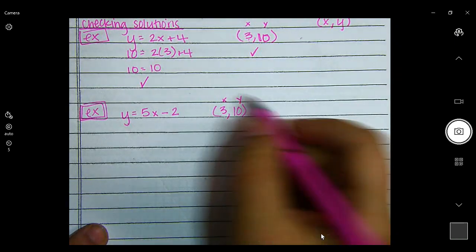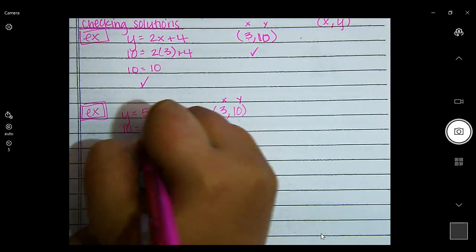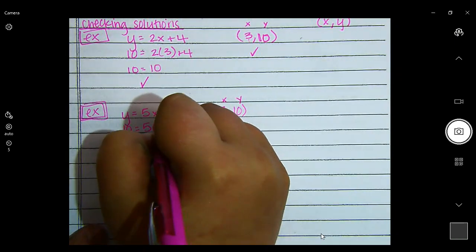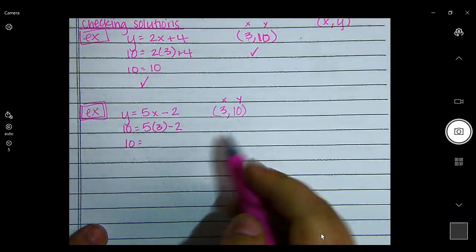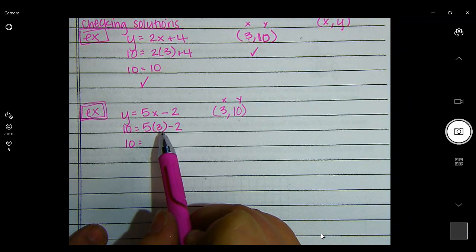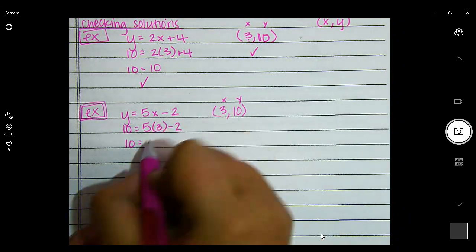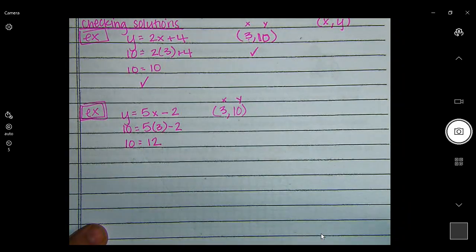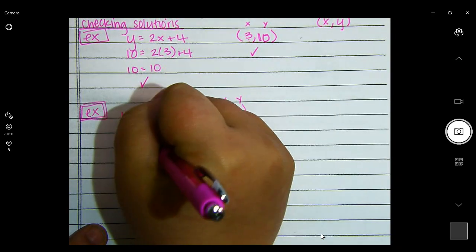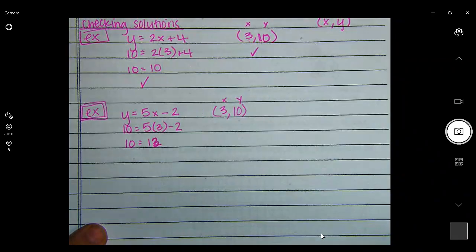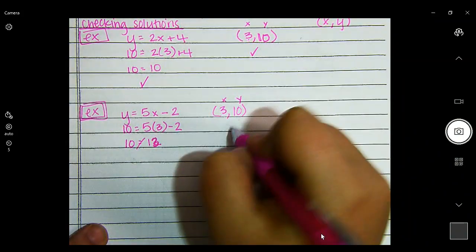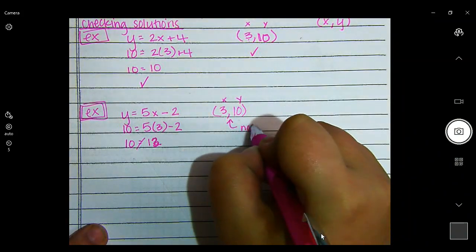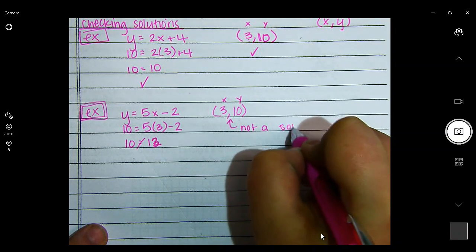So I'll put 10 in for my y and 3 in for my x. So I have 10 equals 5 times 3, which is 15, minus 2, which gives me 13. Oh wow, 13, I know my math. Now, is that a true statement? No, which means that this is not a solution.